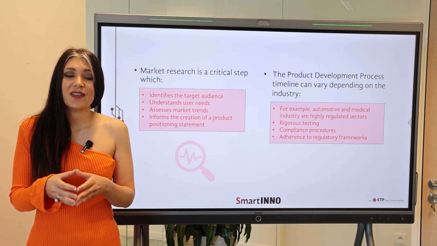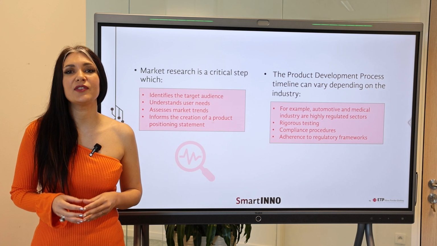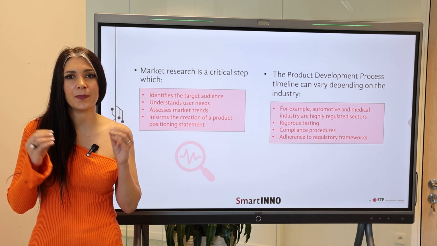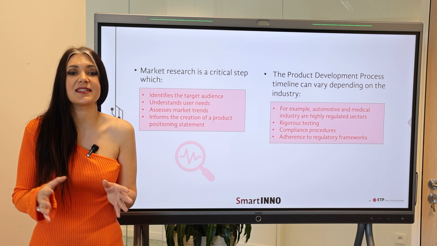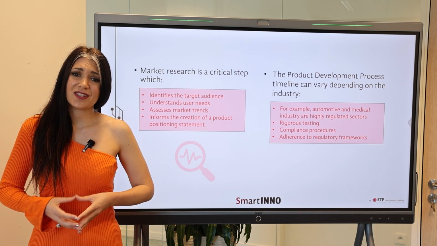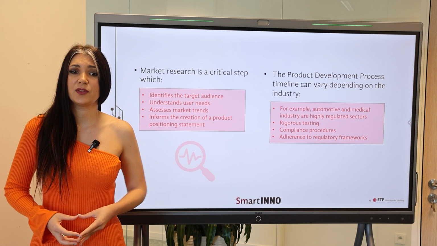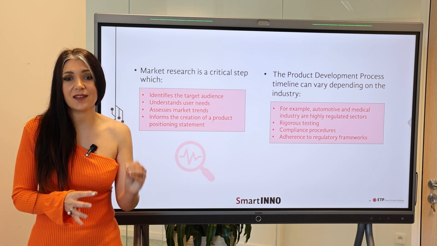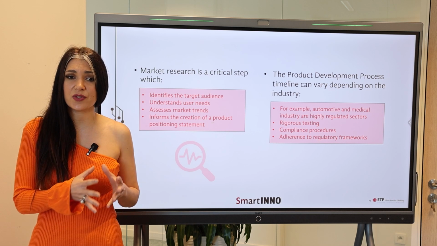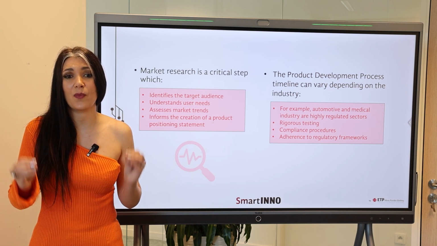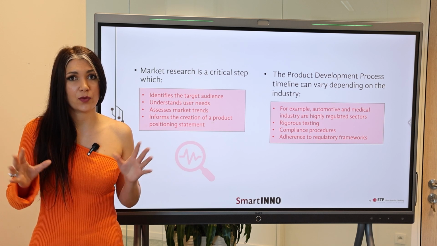Not to mention that in design, you have to take into consideration the current technologies for scaling up. Then commercialization. It's not just about design. Market research is really critical: identifying a target audience, understanding the user needs, analyzing the trends, and positioning the product properly. That's key for making it work.